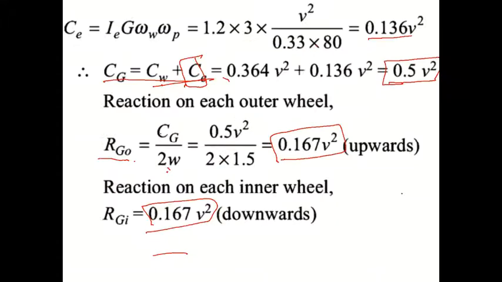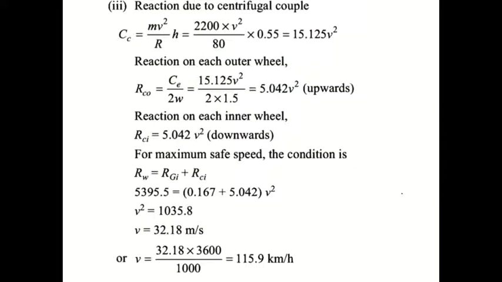One more, the Rc value we have to find out, for that the centrifugal couple. The centrifugal couple formula is mv square divided by r into h. Substitute everything, we are getting 15.125 into v square. Substitute the C value here, so you are getting the Rc value.